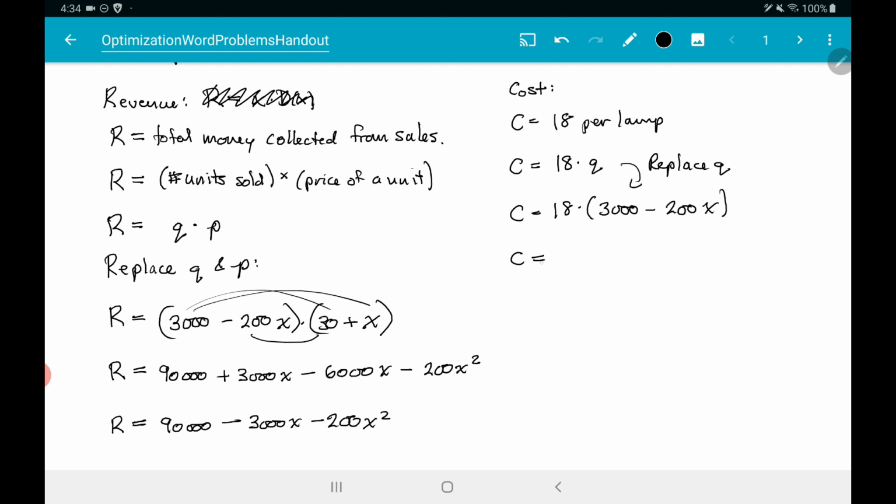Now let's do some algebra to simplify this. We'll distribute the 18 times the 3,000 and minus 200x. The first part, 18 times 3,000 is 54,000 minus, and the second part is 3,600 times x.